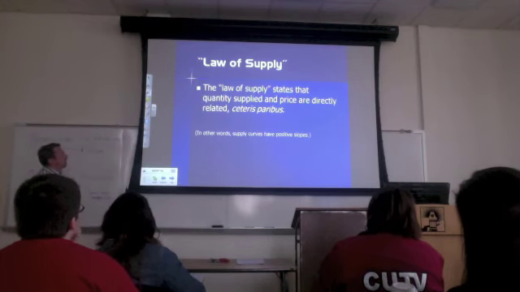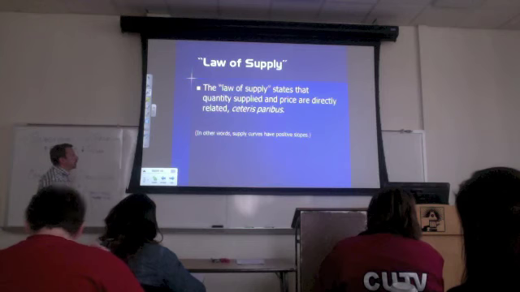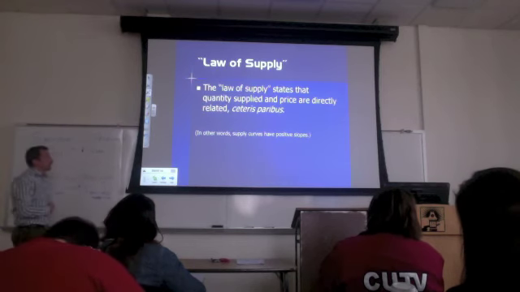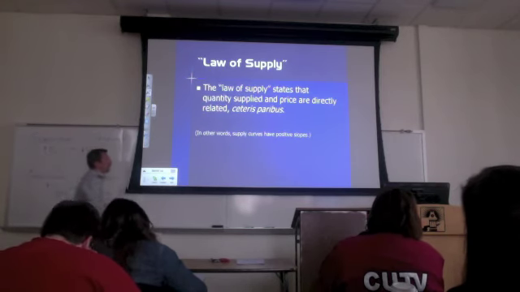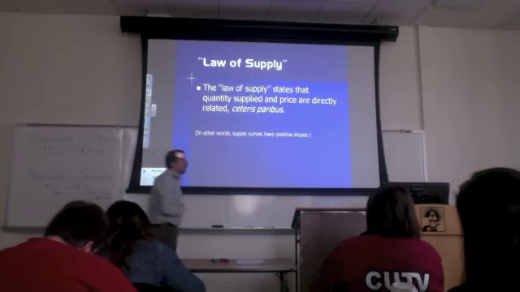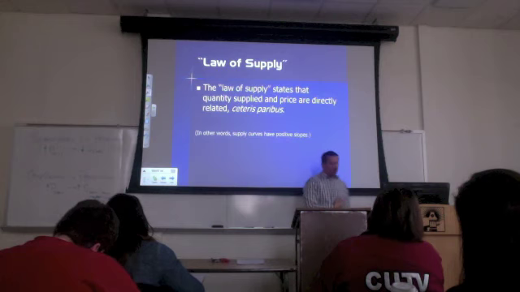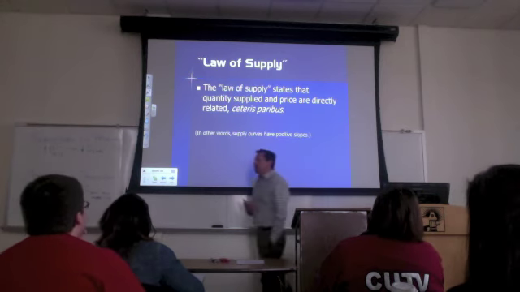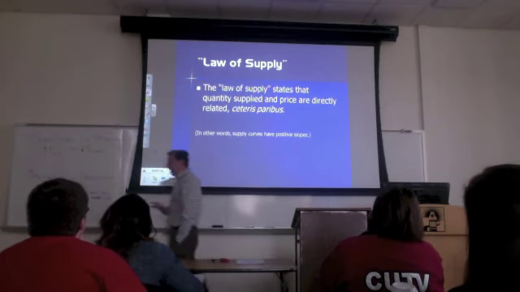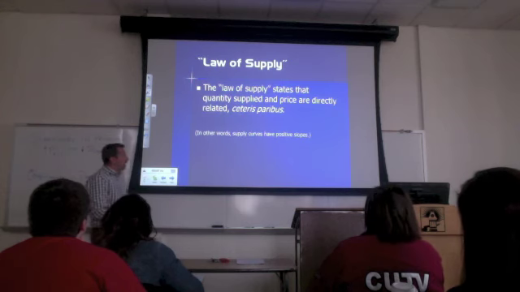In economics, this is frequently referred to as the "law of supply." So the law of supply would simply state that quantity supplied and price are directly or positively related, ceteris paribus. You will note that I put the law of supply in quotes, while I did not put the law of demand in quotes.